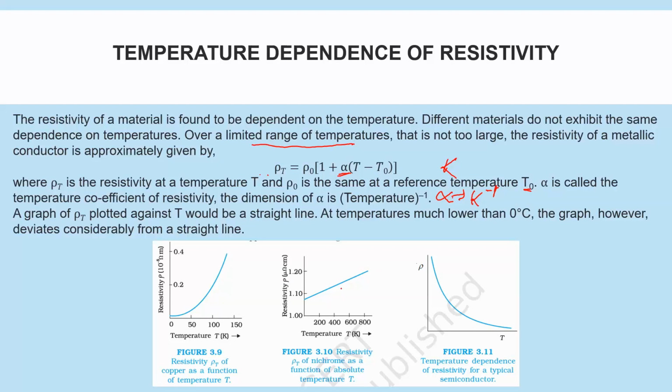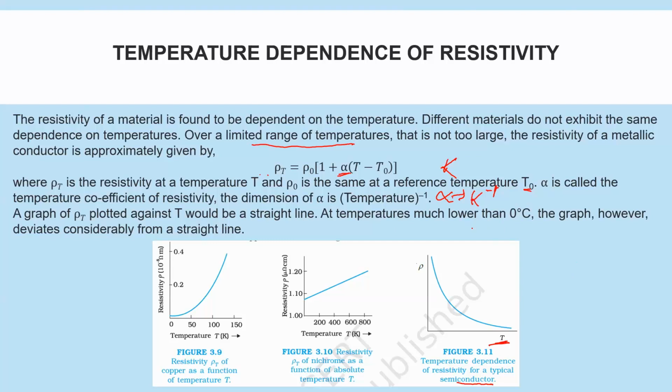For nichrome it is a straight line, but it does not pass through the origin. For a semiconductor, the resistivity decreases very steeply with increasing temperature. So a semiconductor becomes less and less resistive with increasing temperature. Semiconductors are highly dependent on the temperature of the condition where we are using the resistors or the material for the resistors.